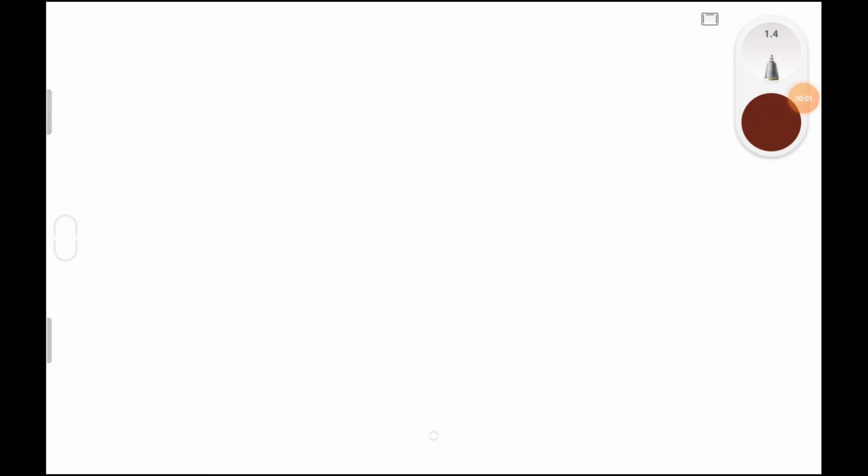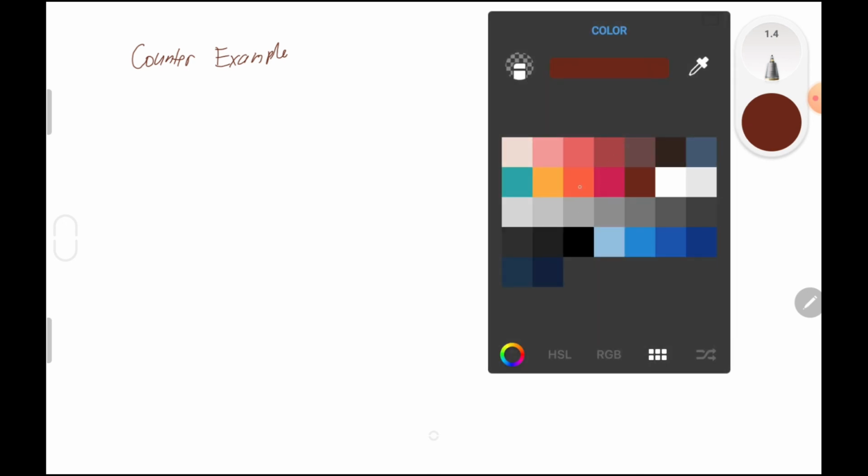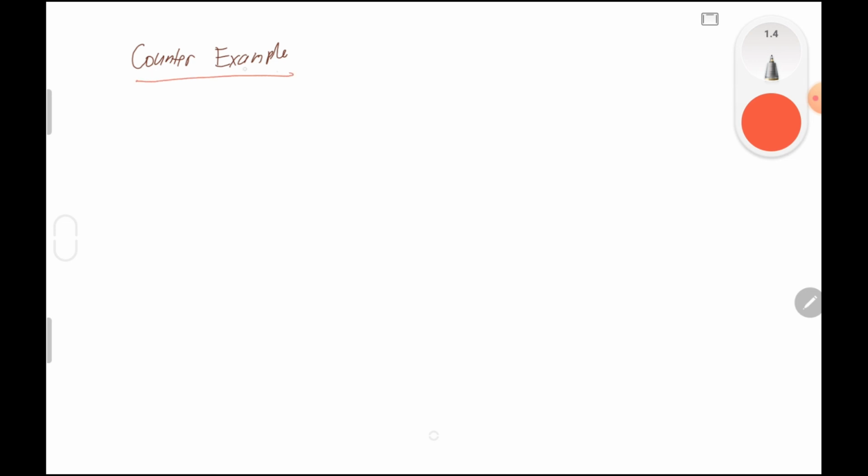So, may tinatawag tayong counter examples. Ano nga ba itong counter example na to? Ang counter example is, ito yung ginagawa natin para i-penetrate yung conjecture natin. Okay? So, these are the examples that would make your conjecture either true or false.